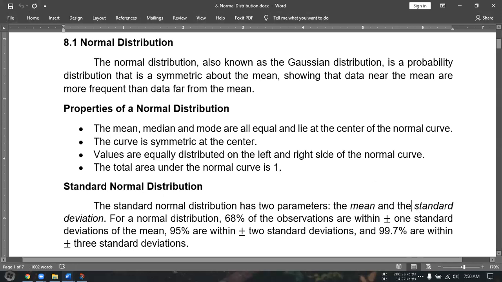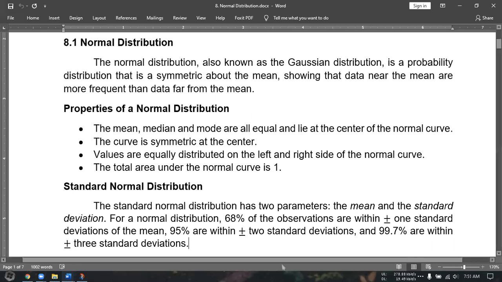That's one of the measures of variation or dispersion: how spread, how diverse, how dispersed our data are. For a normal distribution, 68% of the observations are within one standard deviation of the mean. 95% are within 2 standard deviations. 99.7% are within 3 standard deviations.